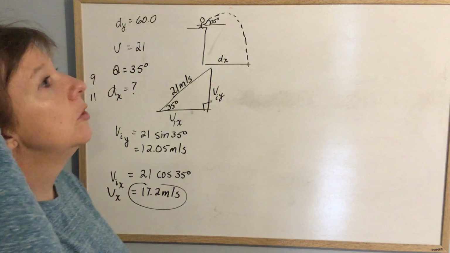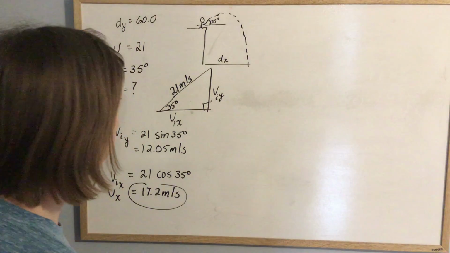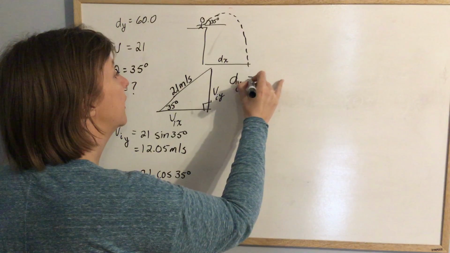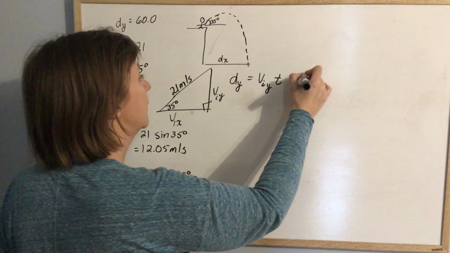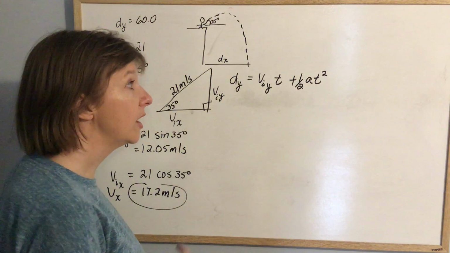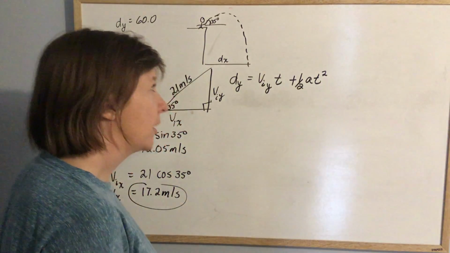We normally figured out time first. And the way that we did that was by saying that dy is equal to initial velocity in the y direction times time plus 1/2 acceleration times time squared. This question is no different. There's just a problem with it.